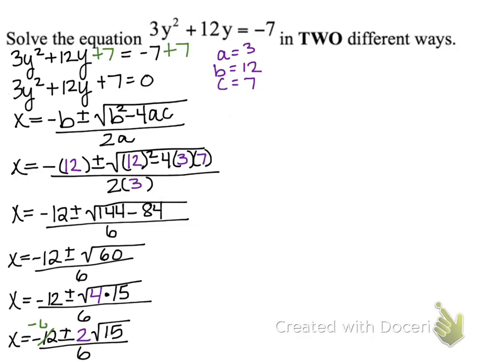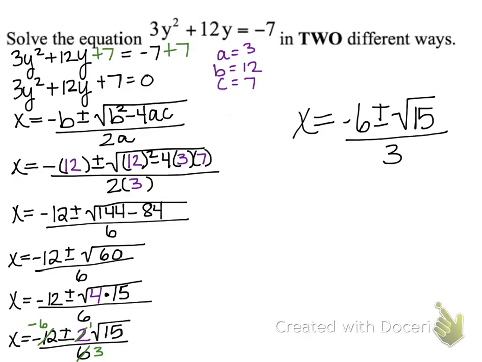The negative 12 becomes negative 6, 2 becomes 1, and 6 becomes a 3. All right. So my final answer is going to be x equals negative 6 plus or minus 1 square root 15, which we can just say is the square root of 15, all over 3.